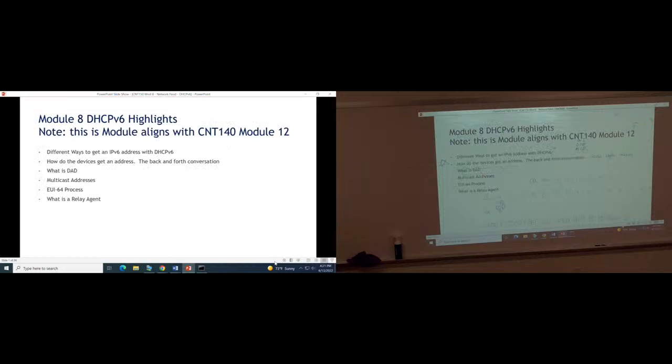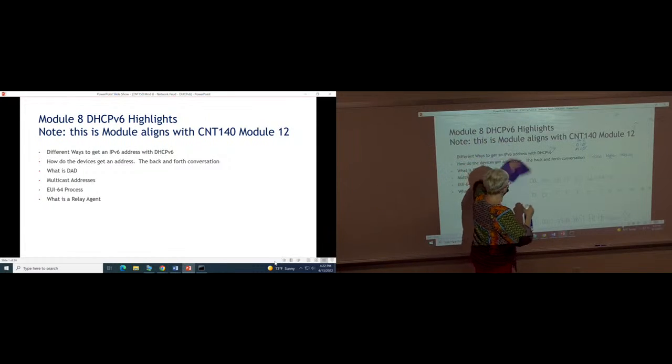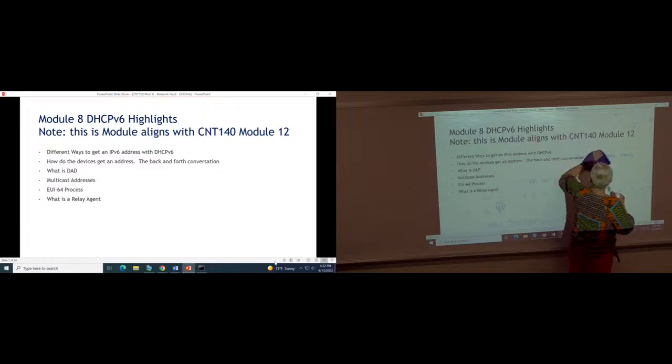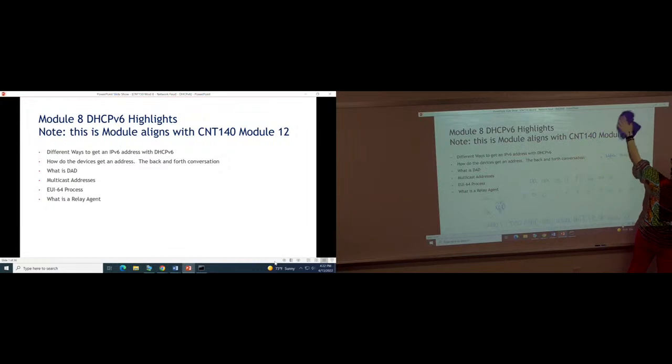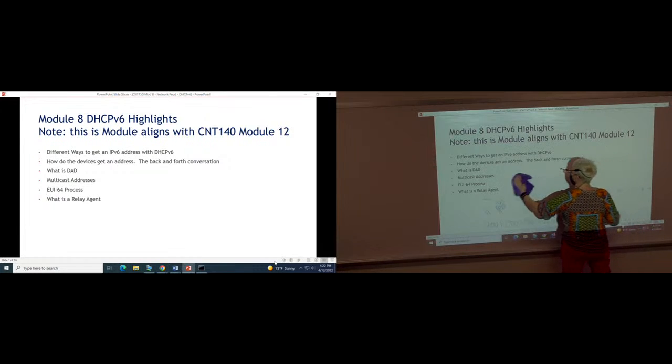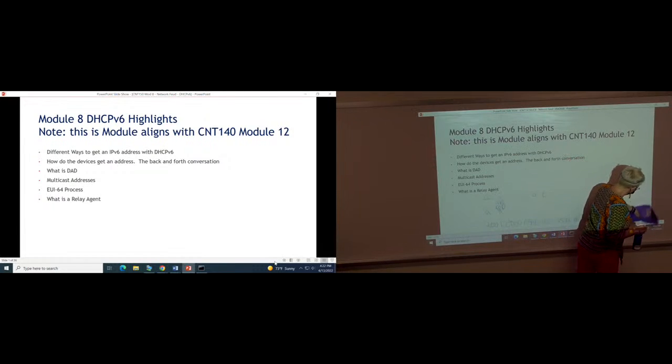Okay. So some of the important things in this module is you've got to know the different ways that hosts can get their addresses. You have to understand the flags and what the flags mean, because that's how the host knows, right?